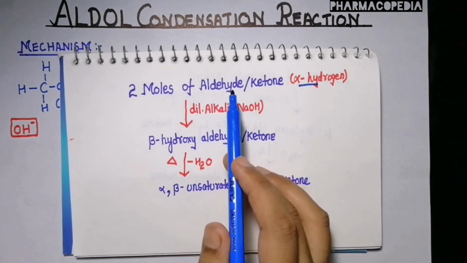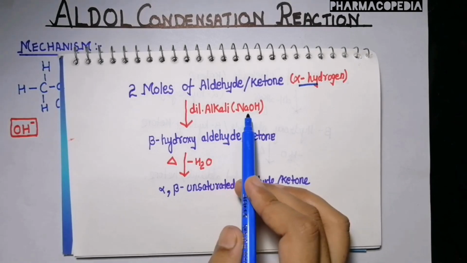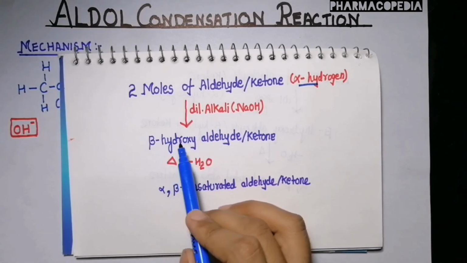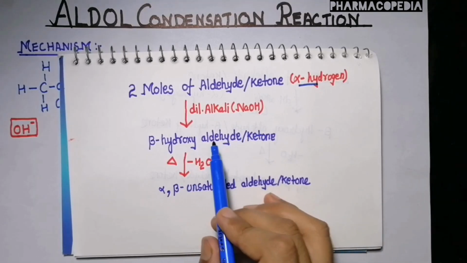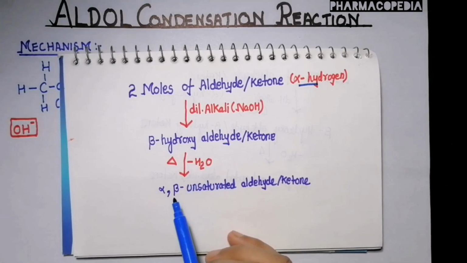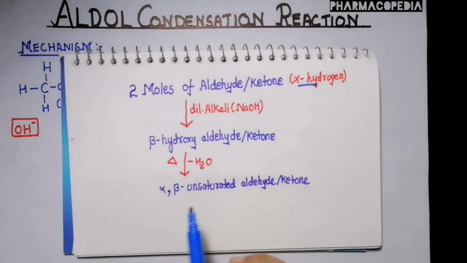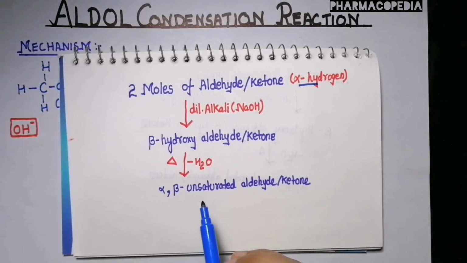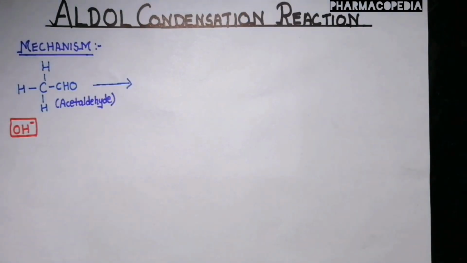These 2 moles react in the presence of dilute alkali, and here we are taking sodium hydroxide as the alkali. They react to form beta hydroxy aldehyde or ketone respectively. Then when we heat this product, it readily loses water to form alpha beta unsaturated aldehyde or ketone. So this is the aldol condensation reaction, and now we will look at its mechanism.